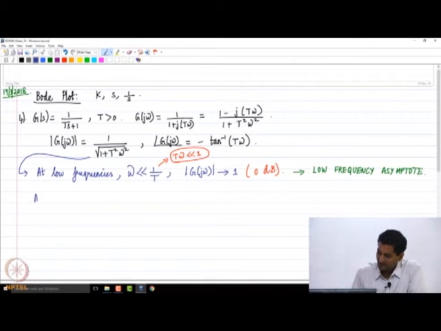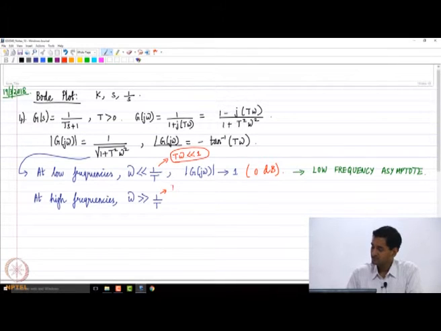Now at high frequencies, what do I mean by high frequencies? When omega is much greater than 1 by T, what's going to happen to T omega? You can immediately see that T omega is going to be much greater than 1. Let us say T omega is 10 power 2, that is 100.